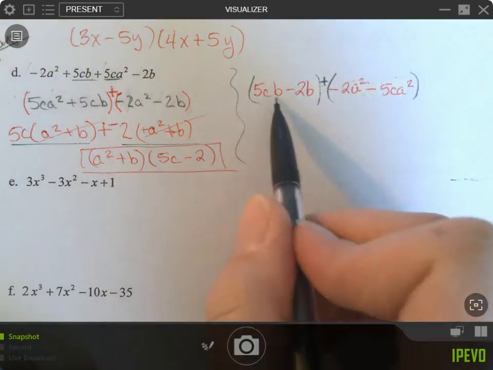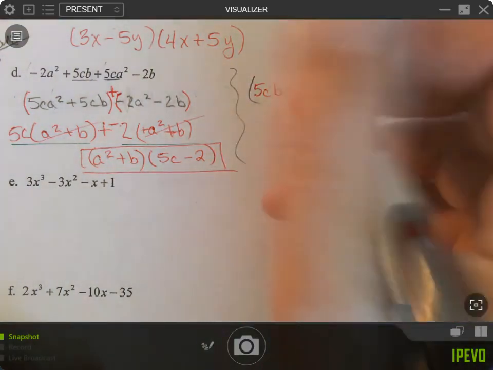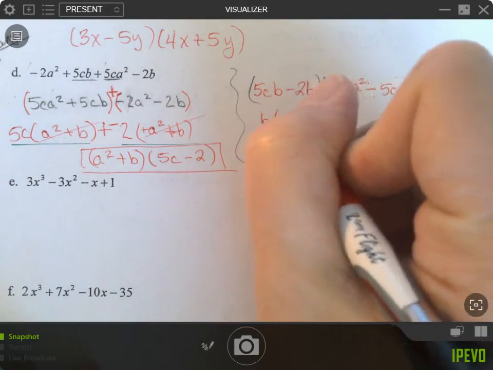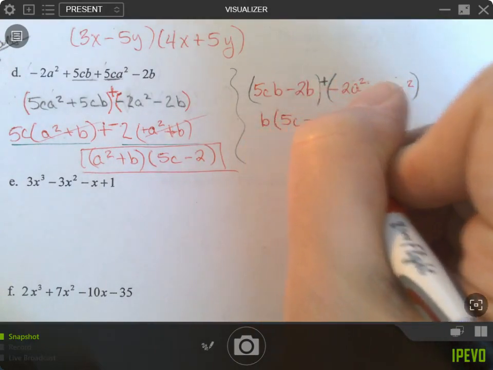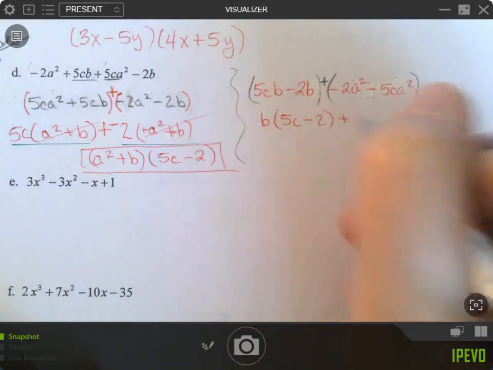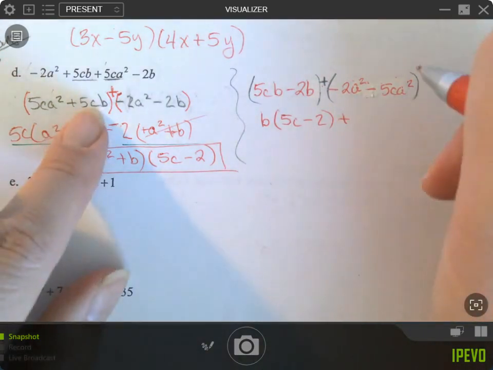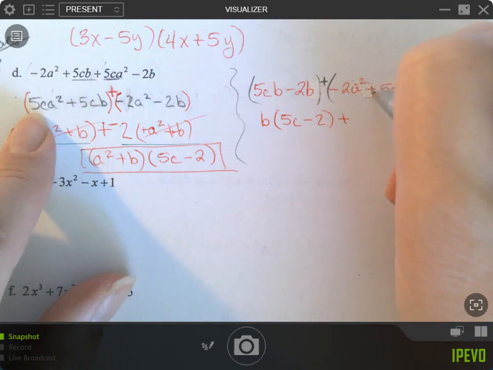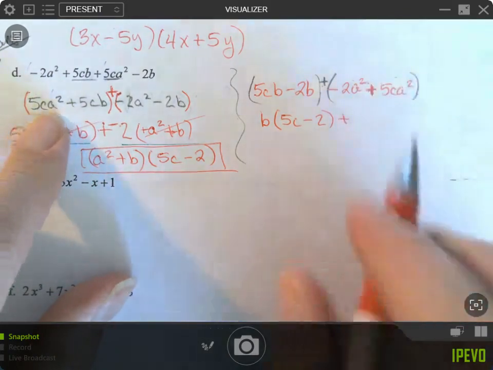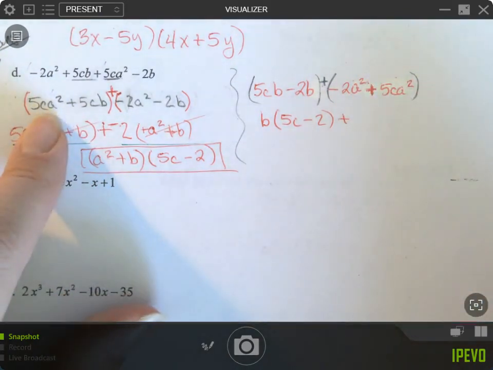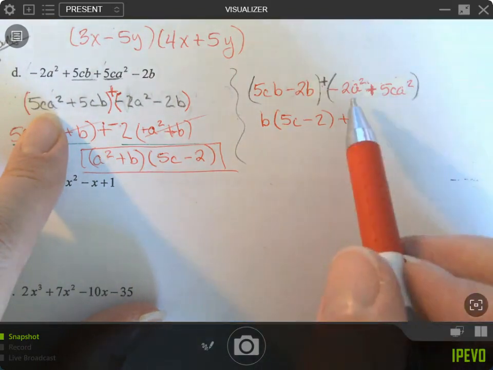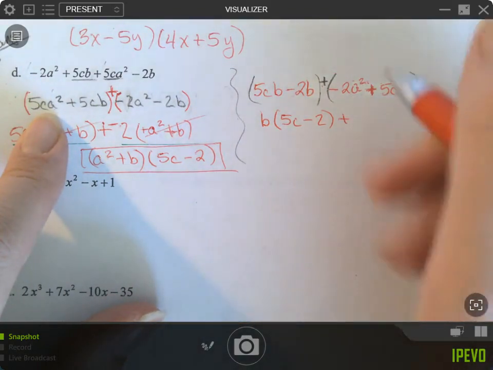Now, what do the first two have in common? Just that b. What's left is 5c minus 2. Now, what do these two have in common? I think I screwed something else up. Shouldn't this be a positive? That should be a positive 5ca squared. I'm just making mistakes. What do these two have in common, guys? A squared?